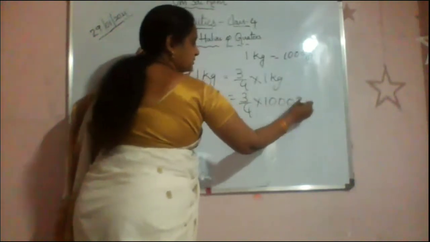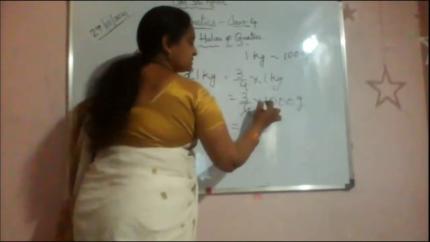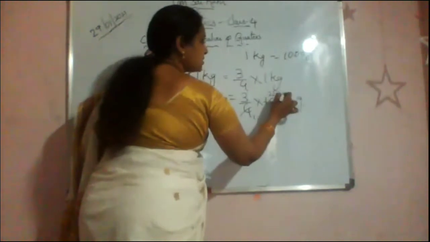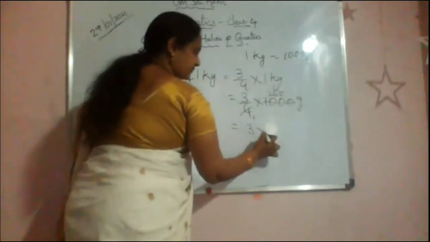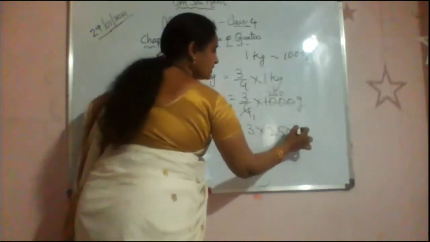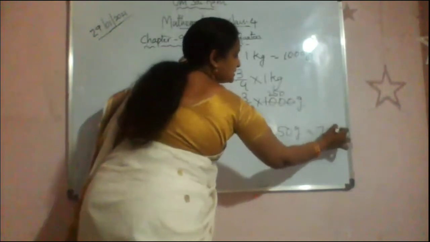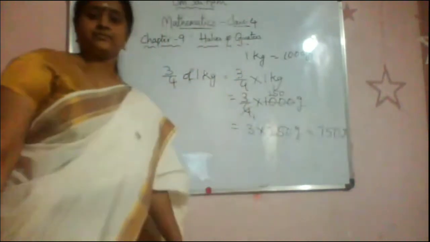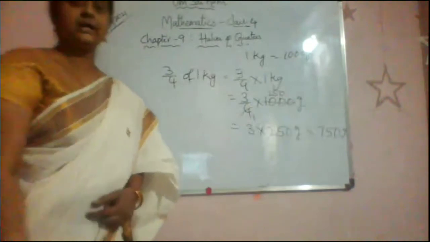Write this in your notebook. 4 ones are 4, and how many times will it go? Now we completed 250 times 3, how much is it now? 750 grams.